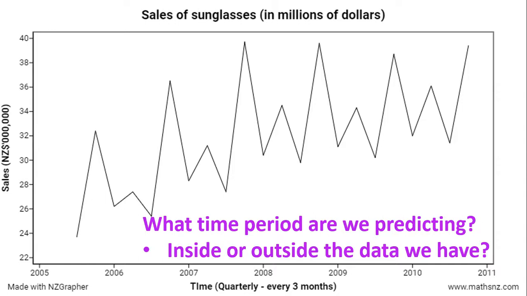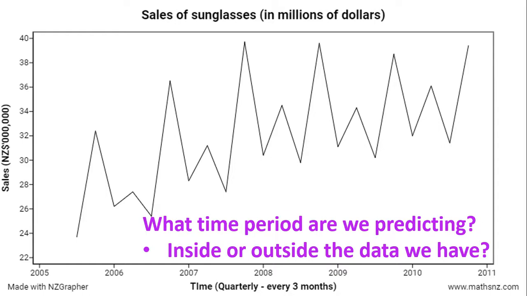If I'm trying to predict for 2015, that's 5 years beyond the data itself. Our data only goes to 2010. So if we're trying to predict 5 years beyond the data, anything could happen between 2010 and 2015 to change things about sunglasses completely. So the further I'm away from the data I'm predicting, the more and more uncertain I am of my prediction. Within the data, I am more certain than I am beyond it.